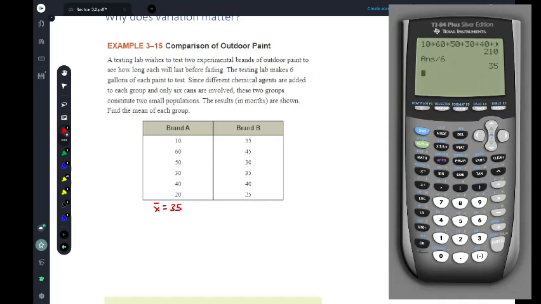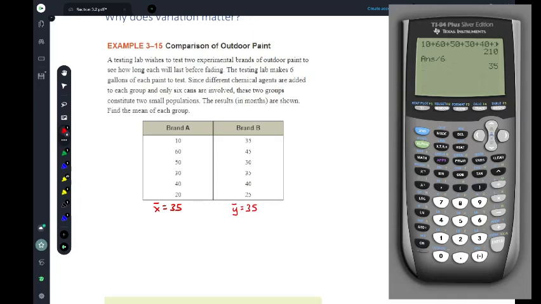Great. Here's what's interesting, and here's where we get to the point of what this idea of variation means and why it matters. If I were to do the same thing with brand B, adding up all the values and dividing by 6, I would find, let's call this y instead of x, that y bar, guess what, equals 35, just like brand A. Therefore, both brands are identically the same.